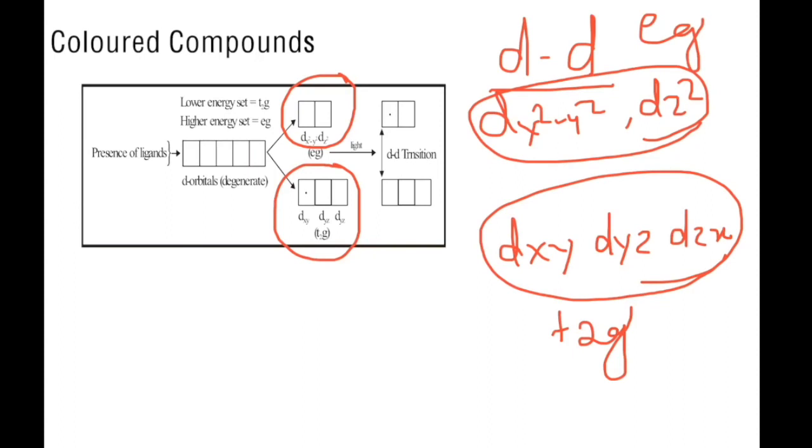The eg and t2g possess different energies in the formation of complex compounds.